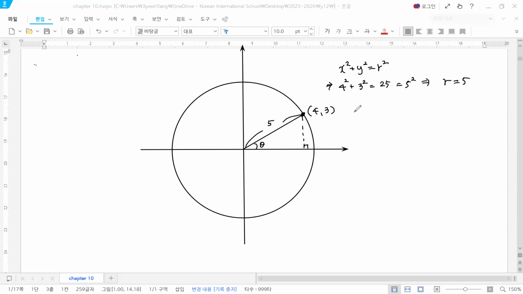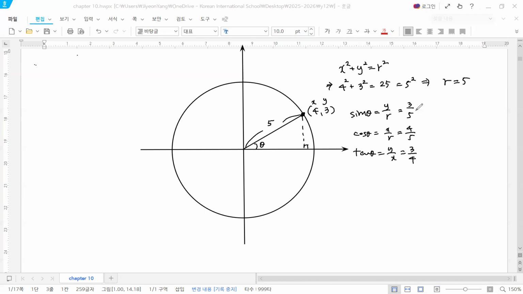Then let's calculate sine theta by the definition, y over r, which is 3 over 5. Cosine theta equals x over r, the x coordinate is 4 and r is 5. And tangent theta equals y over x, which is 3 over 4. Do you understand?